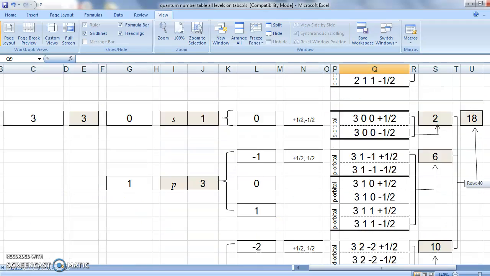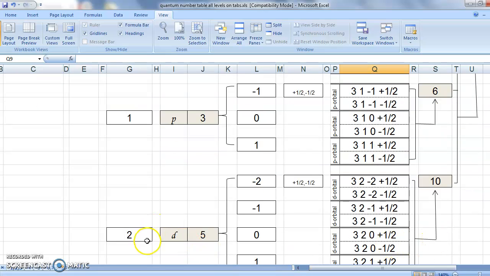It had a 2 for the second number, so I know it is in the d sublevel. It had a minus 2 for the third number, so I know that it is in this orbital right here. It had a minus half for the fourth number, I believe. It's this electron right here. It would be on the third level, in the d sublevel, in the minus 2 orbital, and it would be the minus half spin.